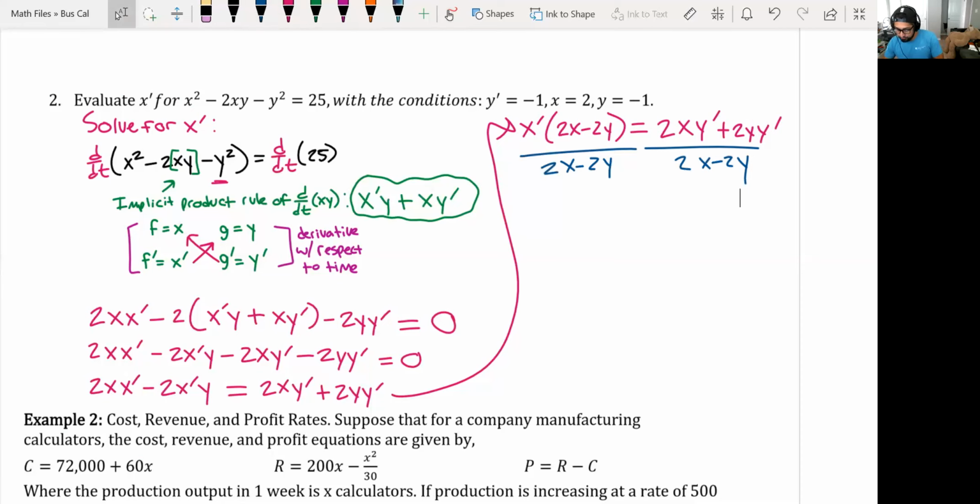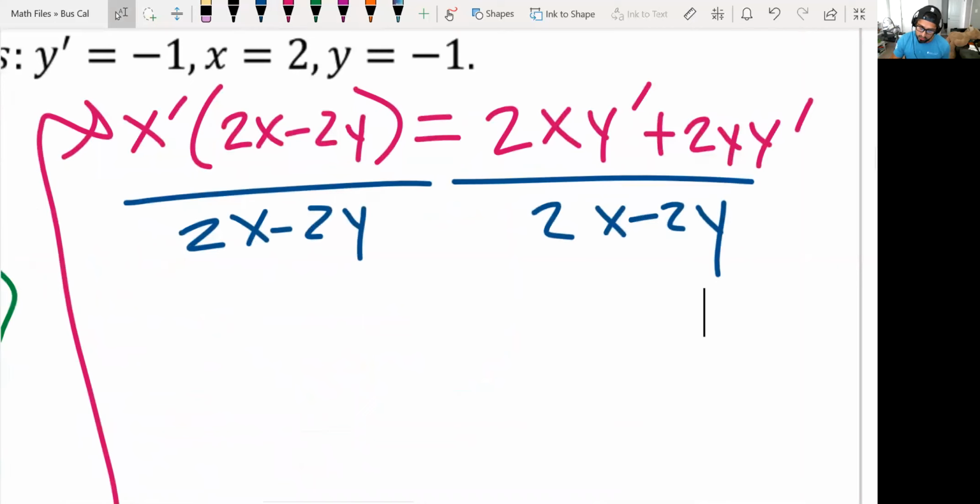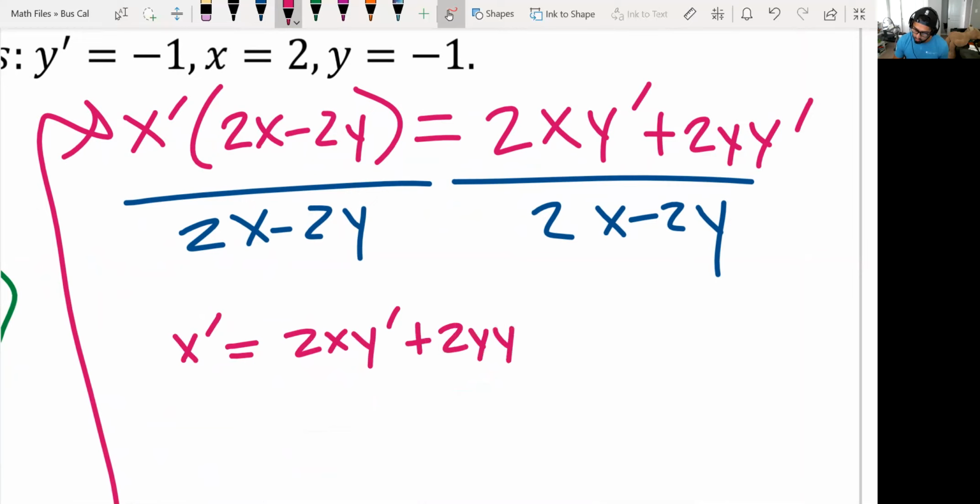And now we'll get our answer of x prime equals 2x y prime plus 2y y prime over 2x minus 2y.